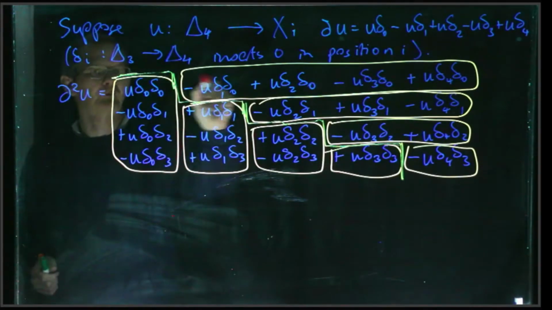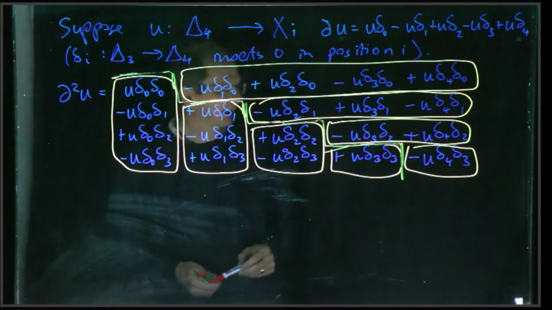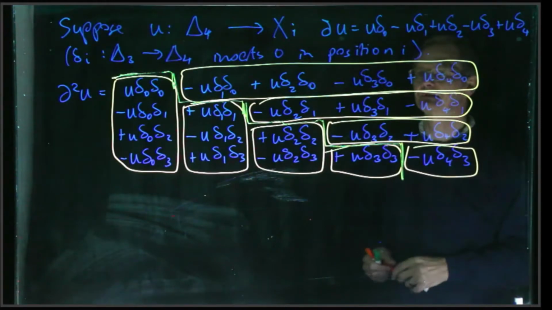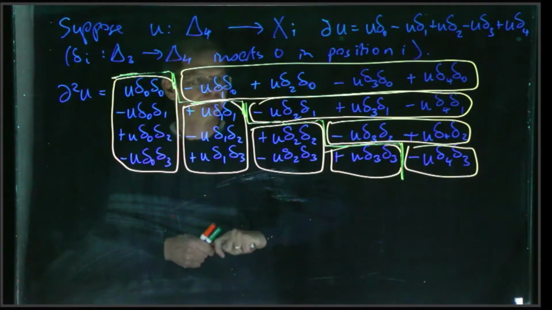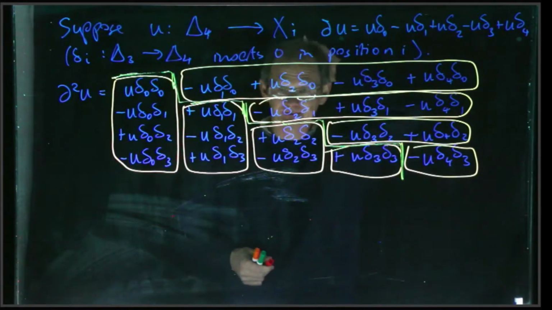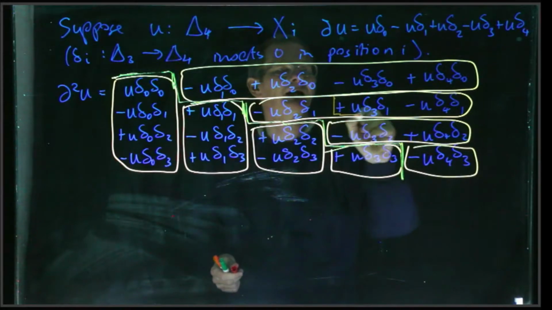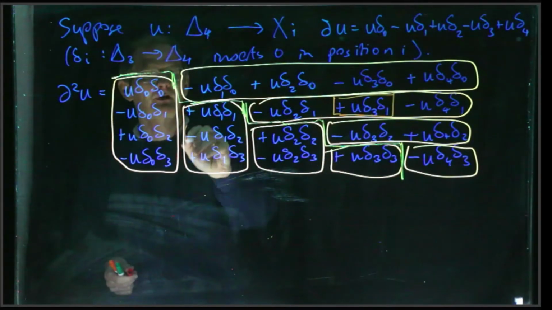This one cancels with this one, this one with this one, and so on. Let's look at a typical example. One thing in particular we're claiming is that this term here, in the middle of that group of size 3, is going to cancel with this term here.